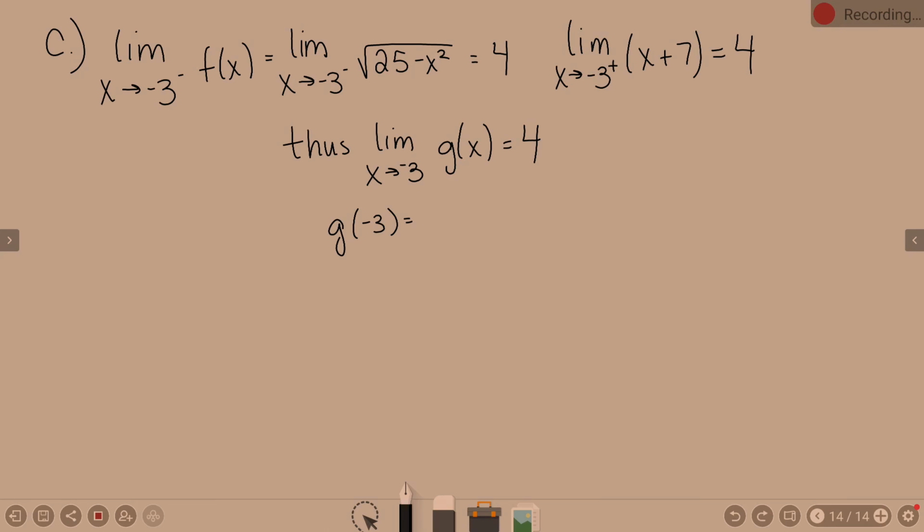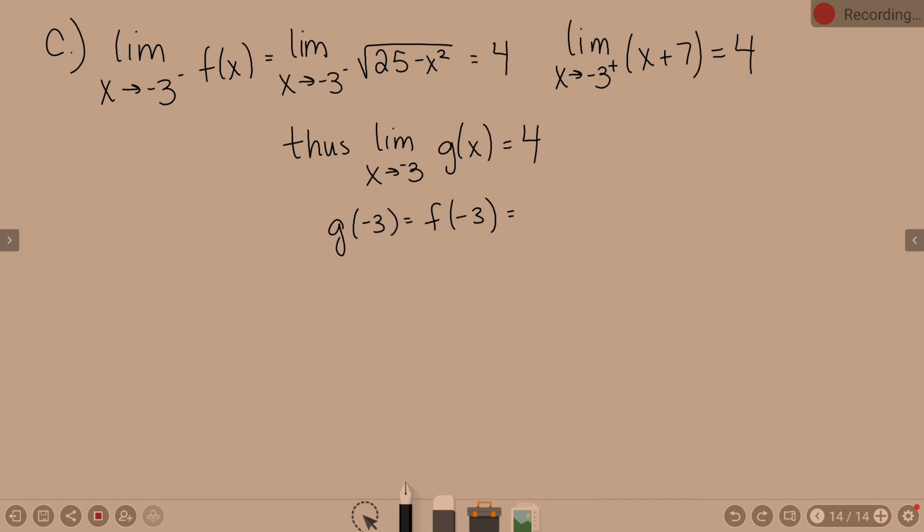Well, g is that piecewise function, right? Which portion do I put it into? Is it defined for f of x, or is it defined for x plus 7? It's defined for f of x, right? Because according to this, that's where the equal to part is. So when I say what's g of -3, I really have to find what's f of -3.